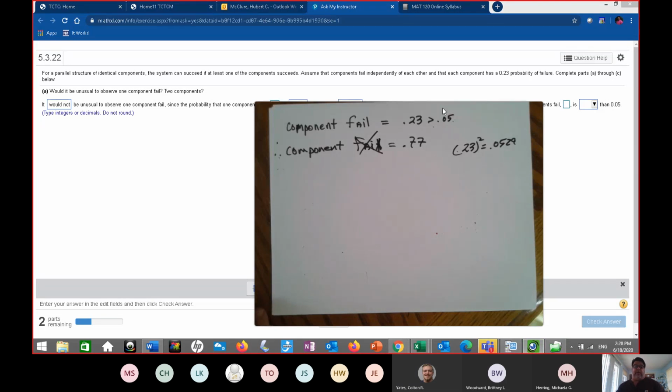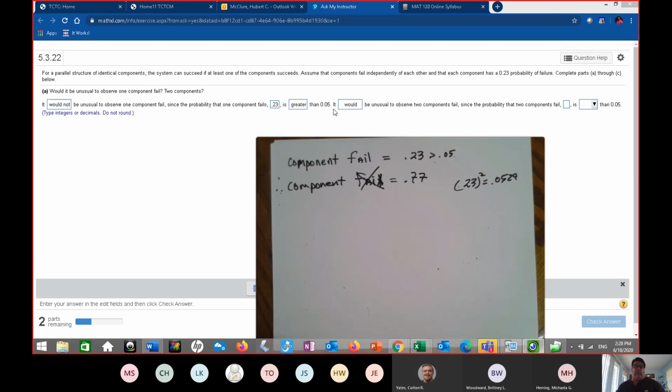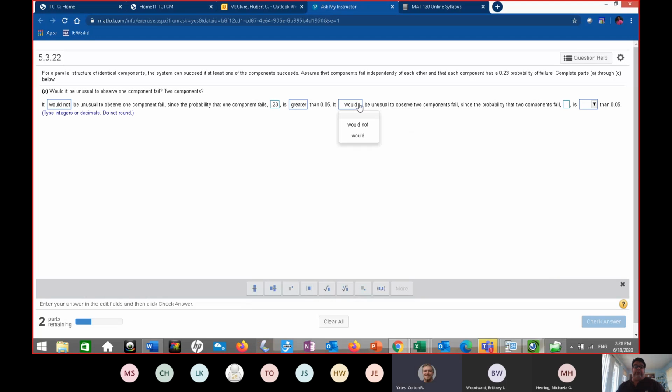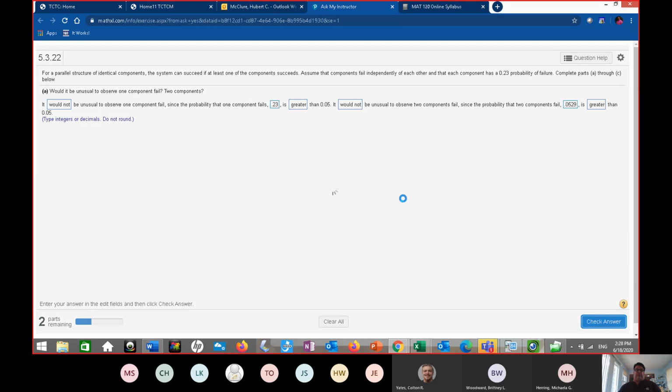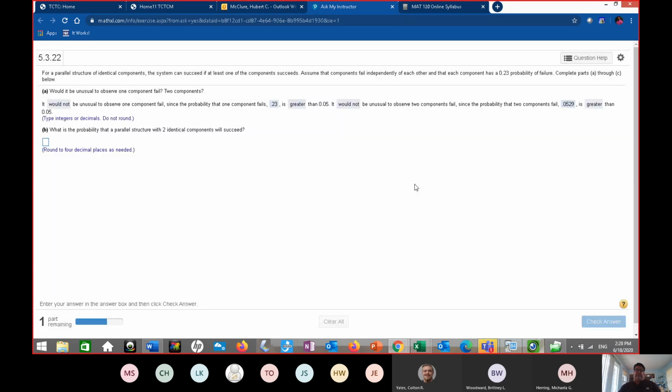So I would say it would not be unusual to observe two components, since the probability of two components failing, 0.0529, is greater than 0.05. Now, I think that's the correct answer. I've never seen this one before. I can't tell you if this is a test question or not.